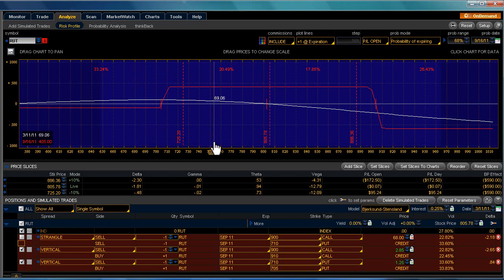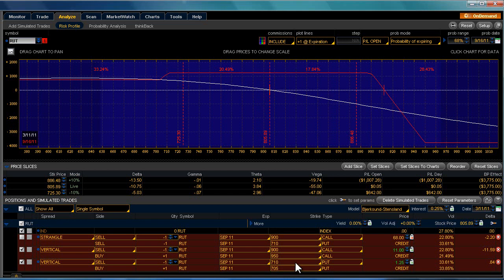But we need to make the slope a little bit not as steep. So let's see how we can do that. The way that I had set this up was to give me like a $50 spread on this. So if my short call's at 900, I want my long call to be at 950, and my short put's at 710, so I want my long put to be at 660.